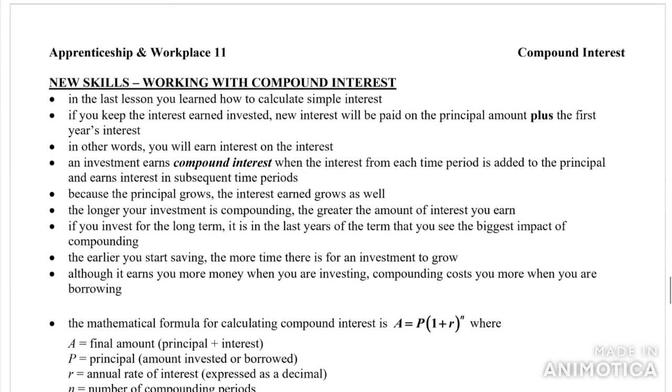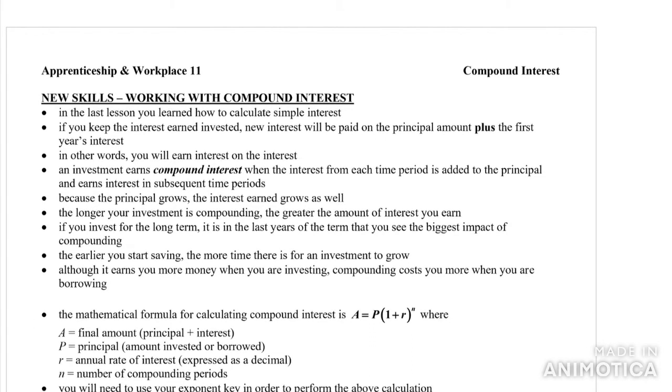because we're now going to learn about compound interest. So in the last lesson or earlier in this video, you watched and learned how we did simple interest. However, simple interest is not really what happens.